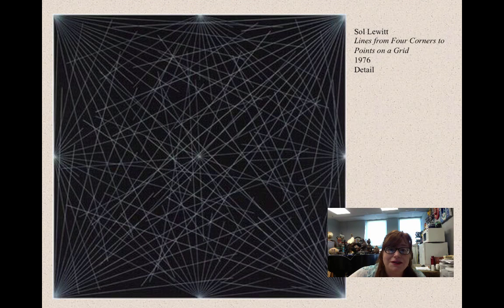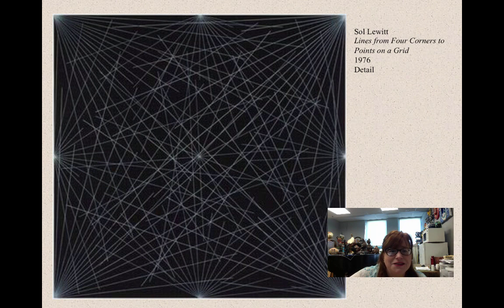And then when we look at the next one by Saul Levitt, this is his lines from four corners to points on a grid. And in this piece, the artist has charted out ahead of time, very mathematically, all of the lines in his piece. And this is just a detail of the whole thing. This actually kind of encompasses a whole room.